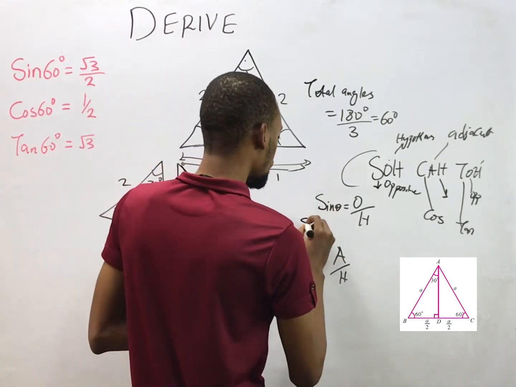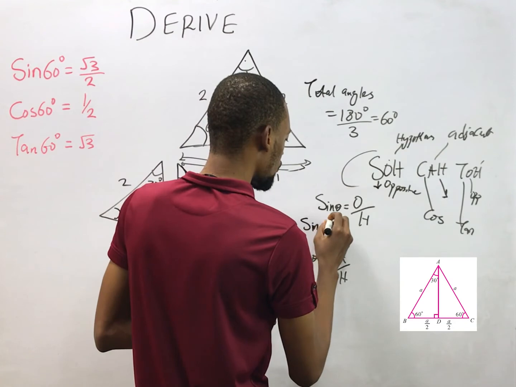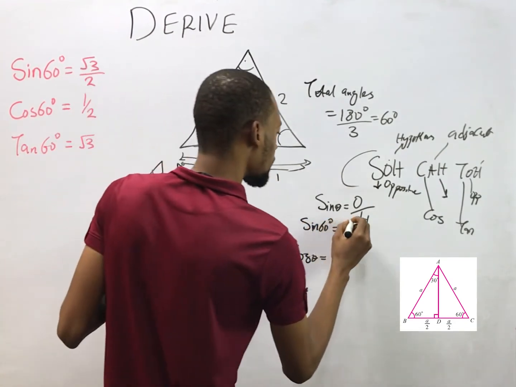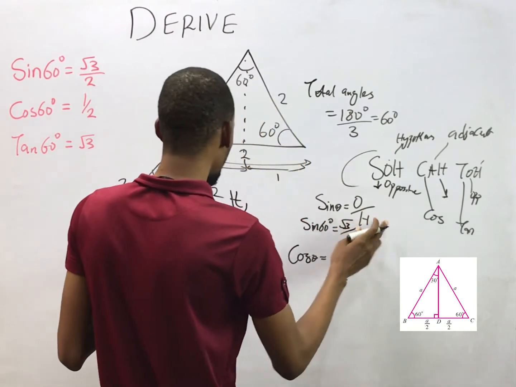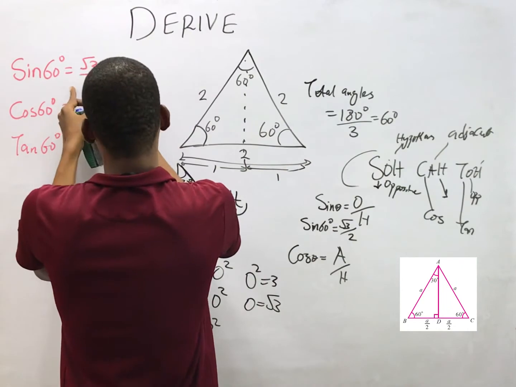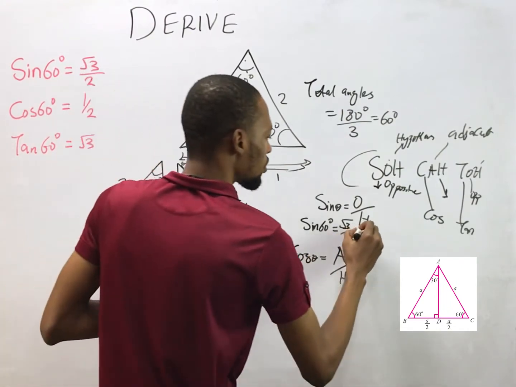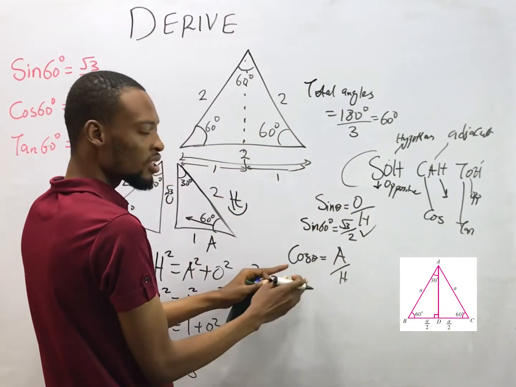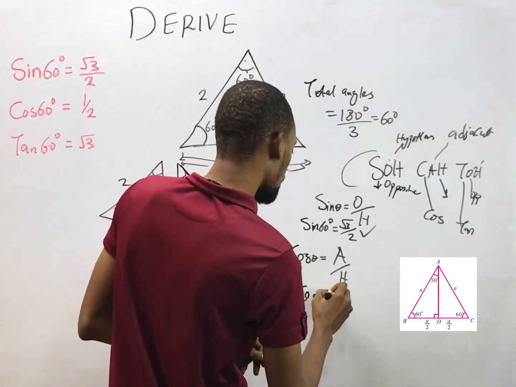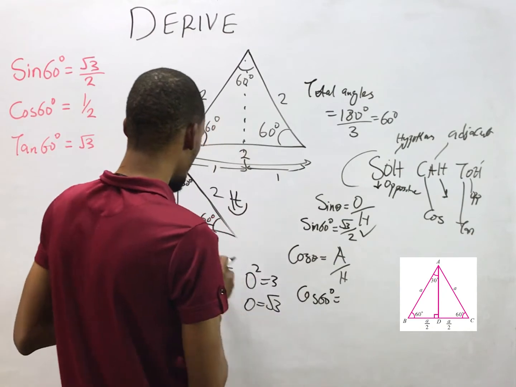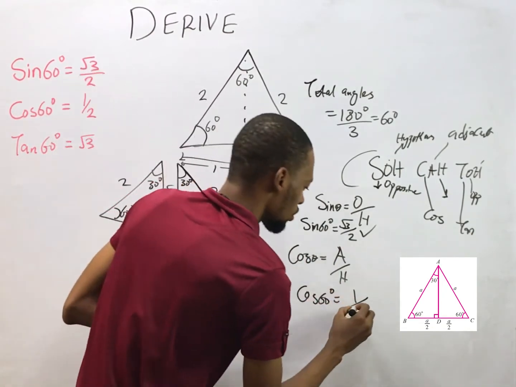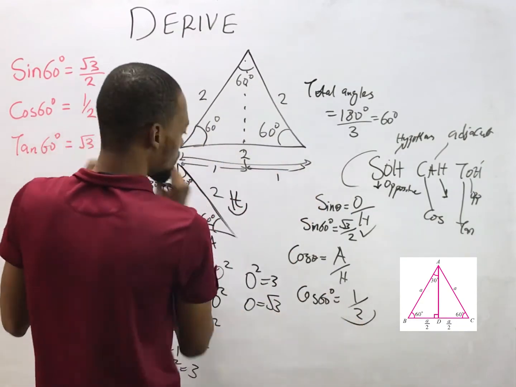Sin 60 is equal to opposite, root 3, over hypotenuse, 2. So let's compare with what we have, root 3 over 2. Correct. Cos 60 degrees is equal to adjacent 1 over hypotenuse 2. 1 over 2.